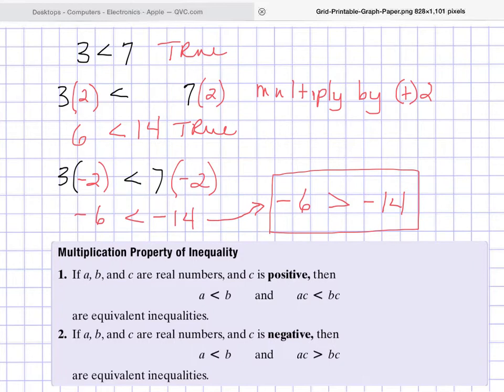It's very, very important. It's something that people forget a lot of times. So if you divide or multiply both sides by a negative number, you have to change the direction of the sign.